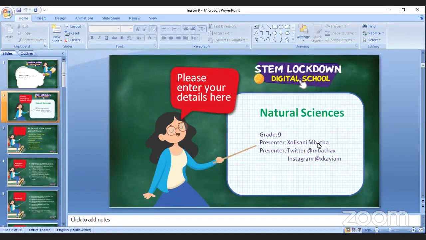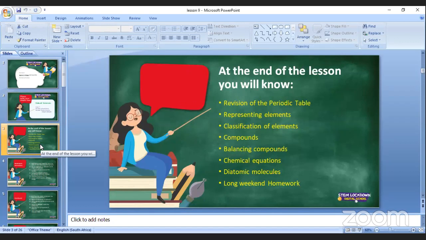I am Kolisani Mbata. We are in grade 9, Natural Sciences. By the end of today's lesson, we would have done a revision on this. At the end of the lesson, you will know how we'll revise the periodic table, representing elements, classification of elements, compounds, balancing compounds, chemical equations, atomic molecules, and obviously, as I've mentioned, today it is your long weekend, starting from tomorrow morning.